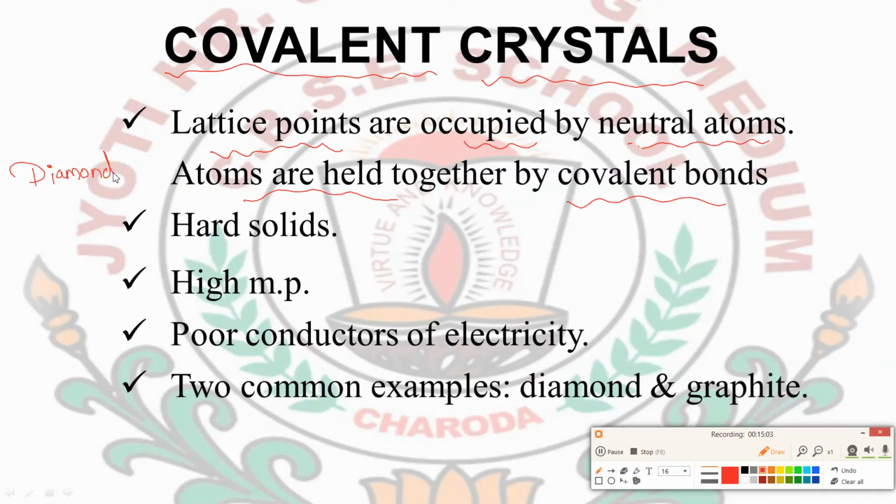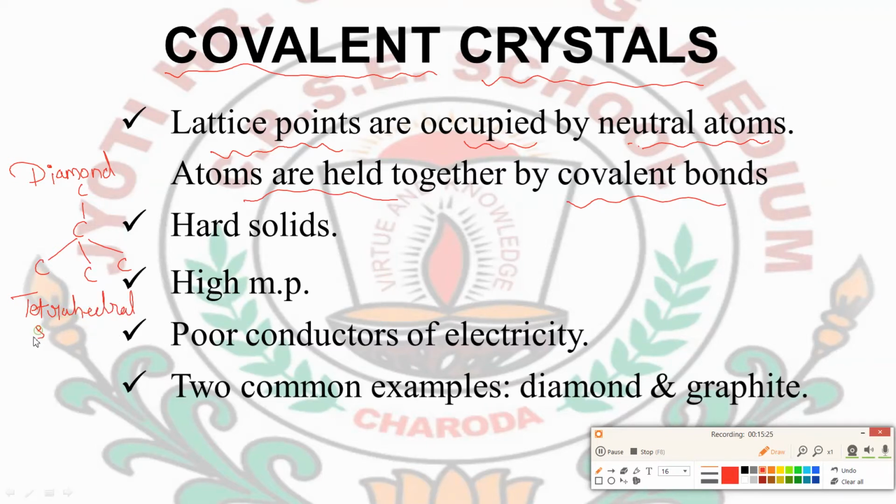In previous classes, we have studied the structure of diamond, where one carbon atom was joined with four other carbon atoms. Like this the structure was formed, and this structure was known as a tetrahedral structure.